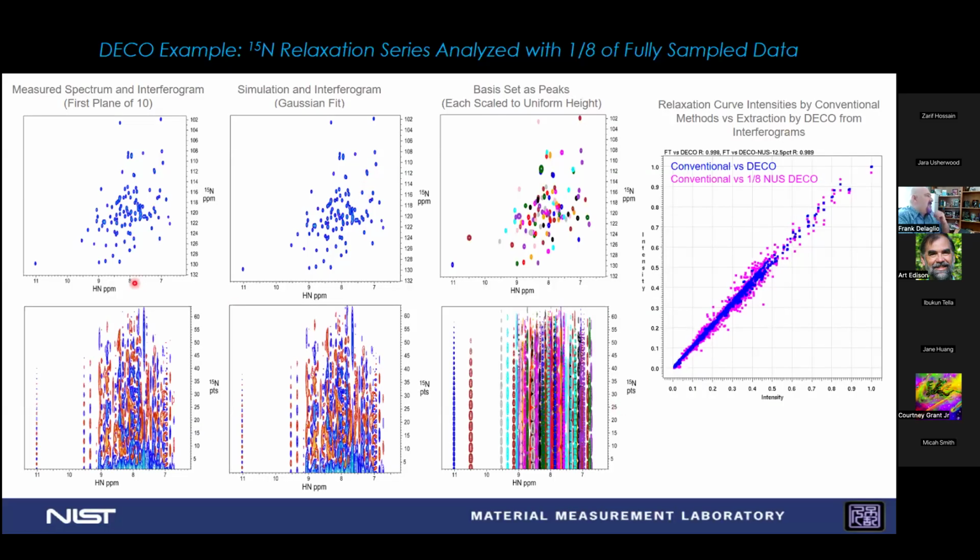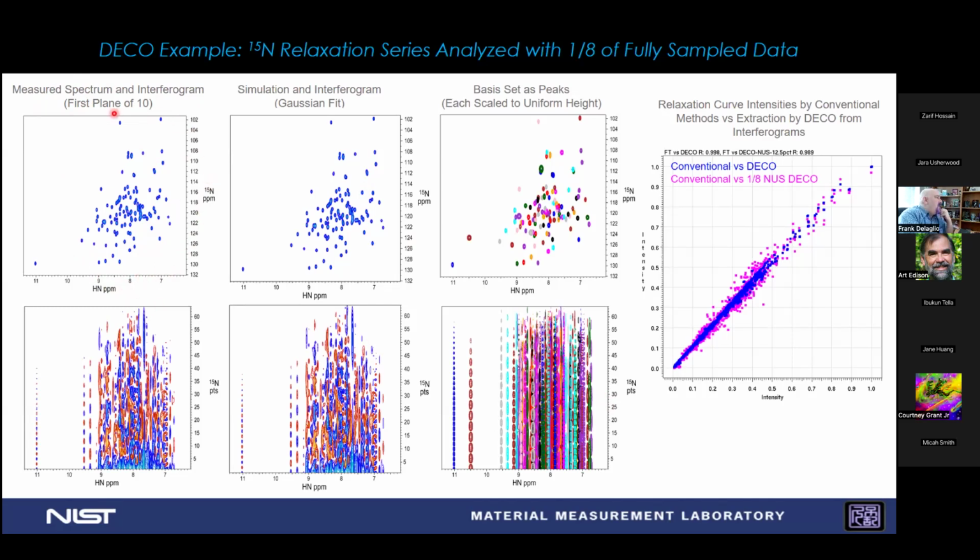Here's another example. This is the first plane of a 2D relaxation series that has 10 planes. Each one of the peaks here represents one amino acid in the protein, and we expect these peaks to decrease in intensity over the course of an experiment.